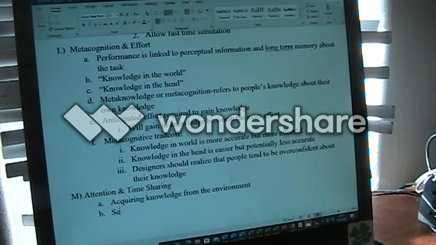So that selective attention requires effort.